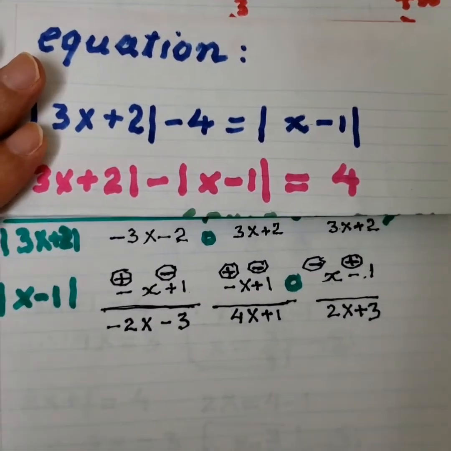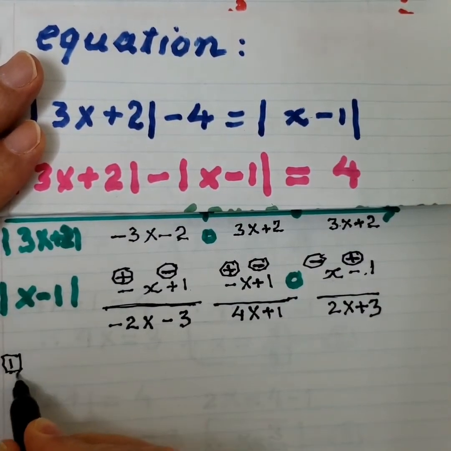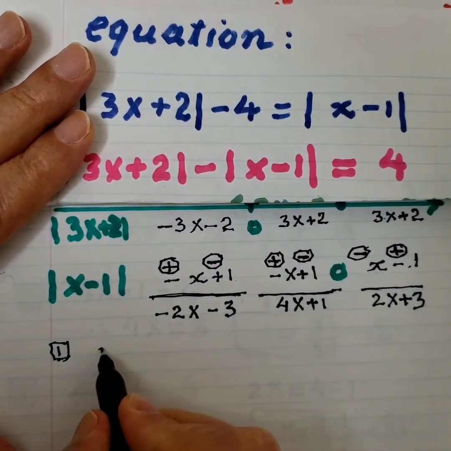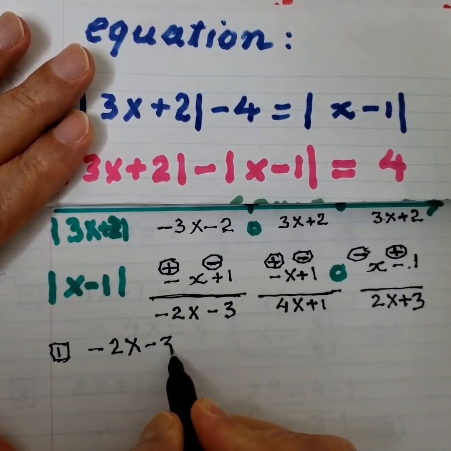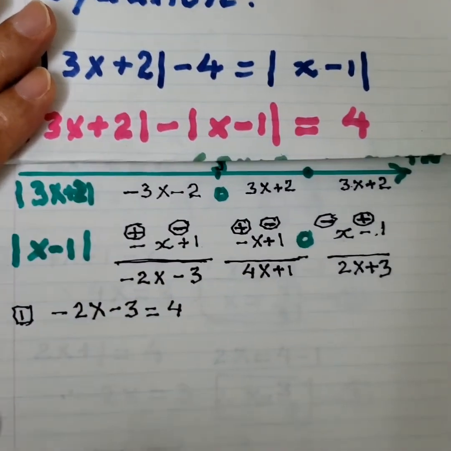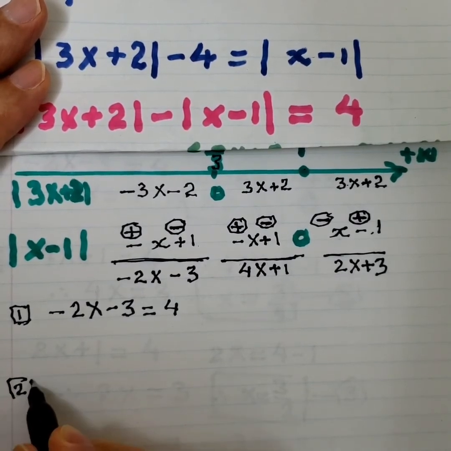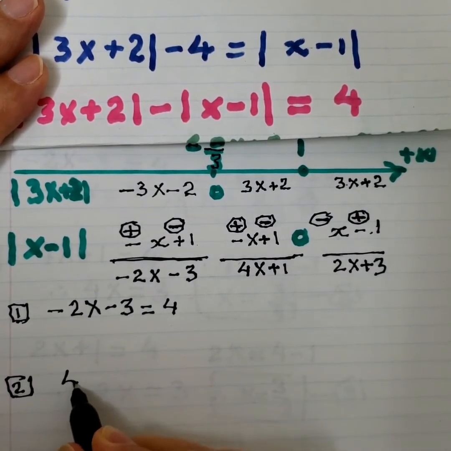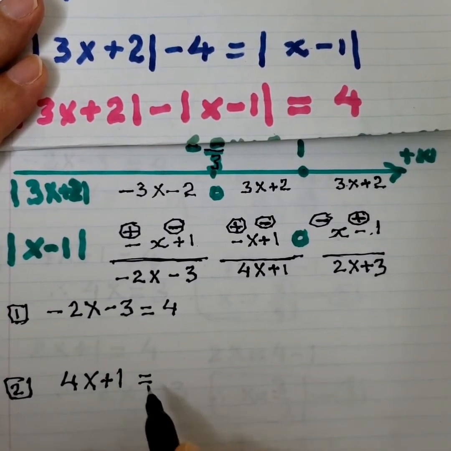Understand what I mean? So the first one here, minus 2x minus 3 is equal to 4. The second rule, here is the second rule, 4x plus 1 is equal to 4.